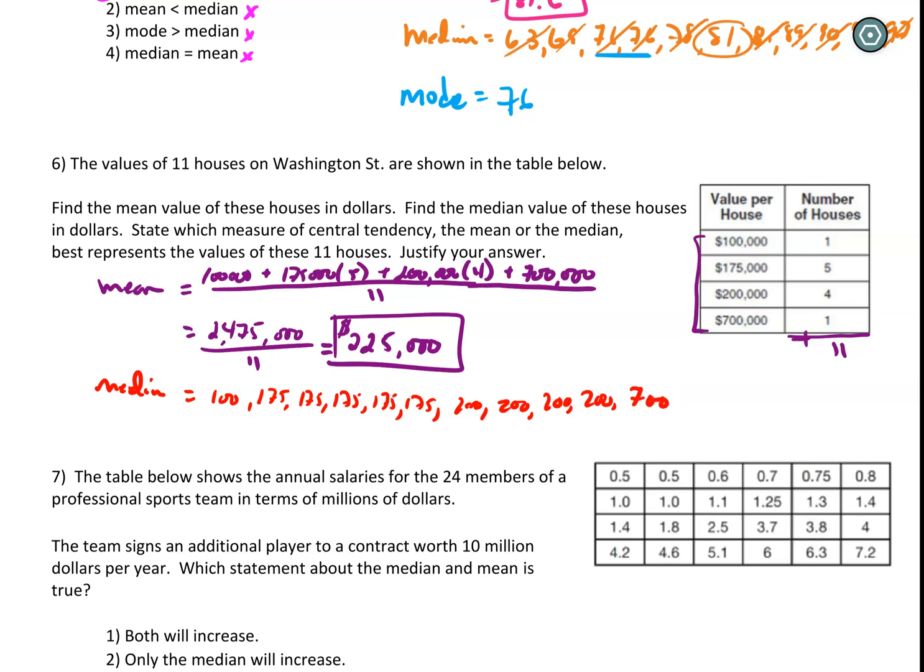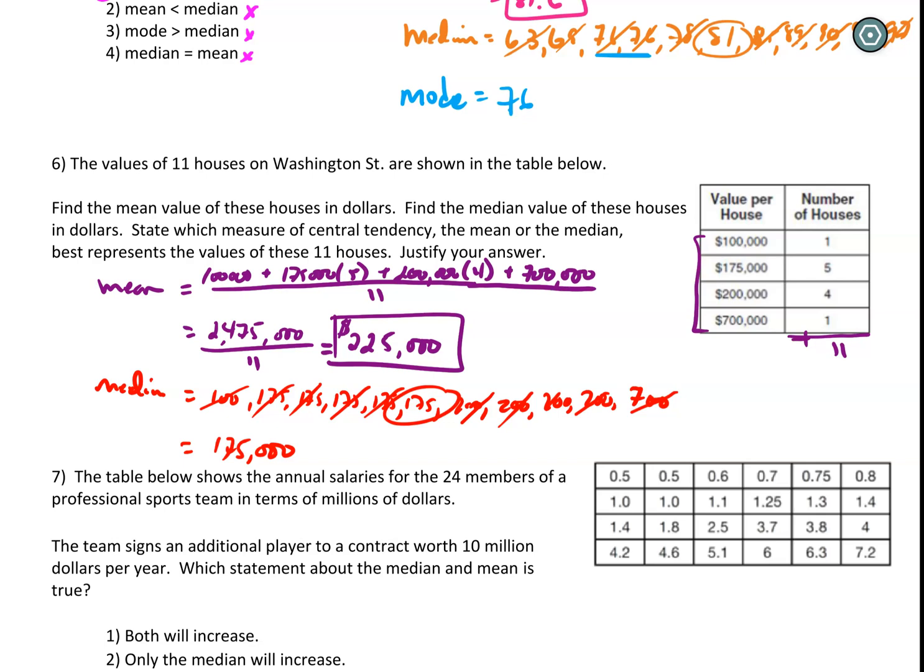Pen keeps smudging there. There we go. Again, highest, lowest, keep going. I end up with a median of $175,000.